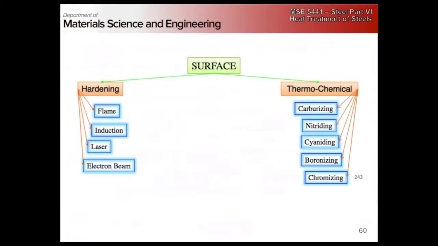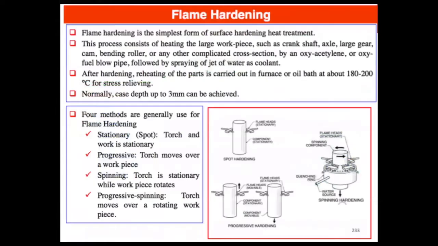Surface treatments. This is all really for awareness, just so that when you hear the term, you're aware of what they are. There's a lot more details here than we ever need to worry about, right?